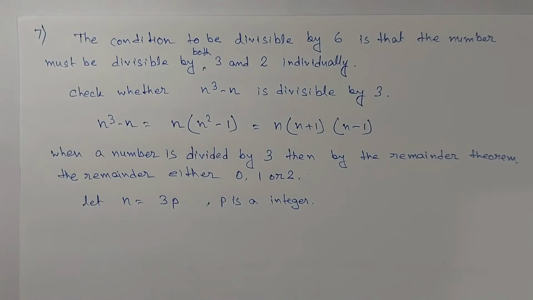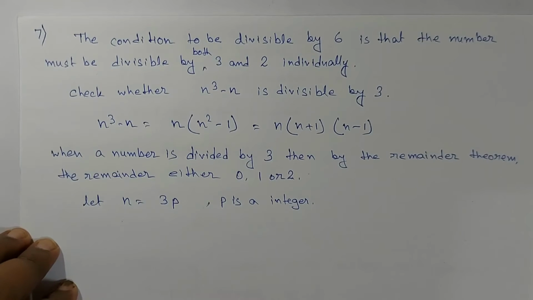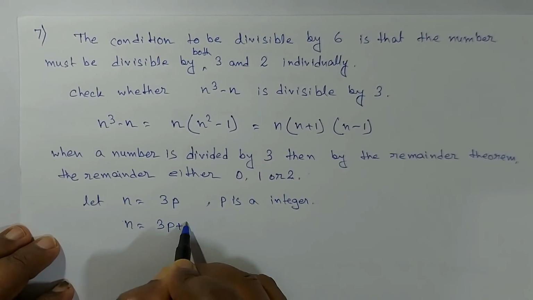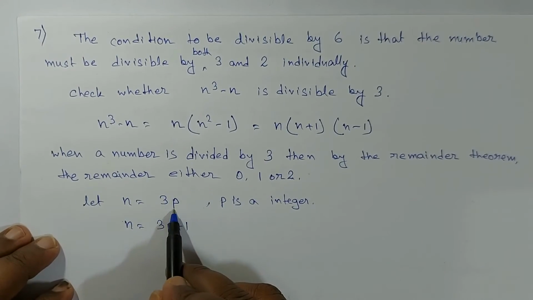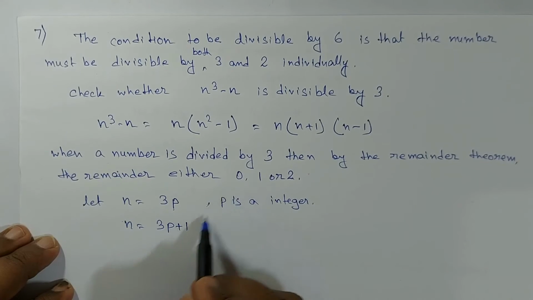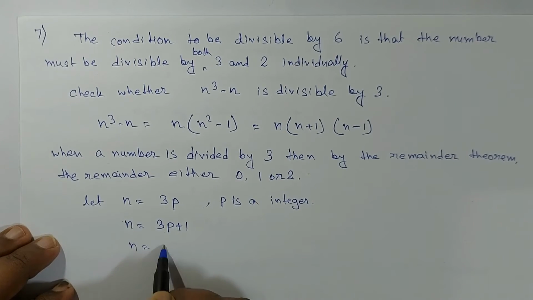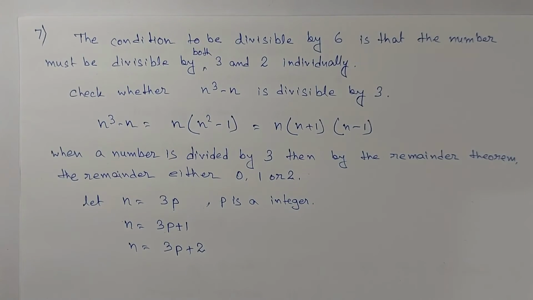Okay. If the remainder is 0, then n is equal to 3p. If the remainder is 1, then n is equal to 3p plus 1, or if the remainder is 2, n is equal to 3p plus 2. Okay.